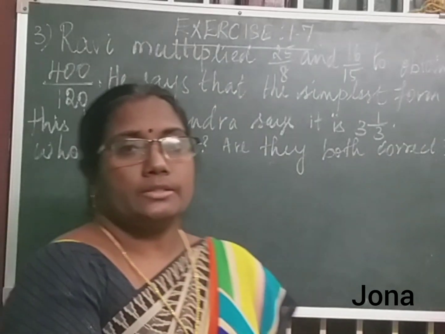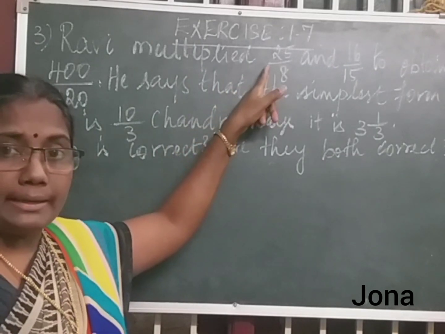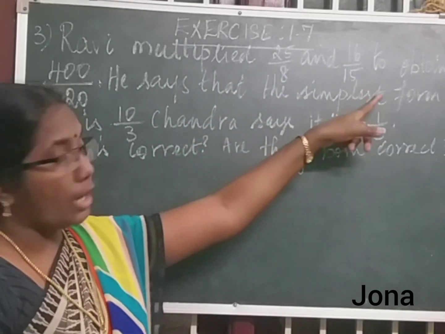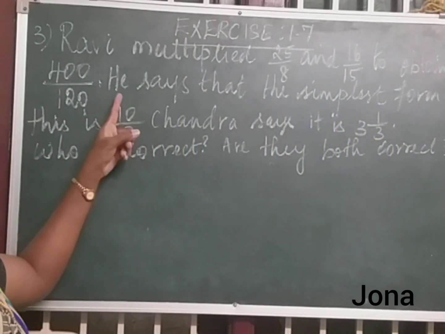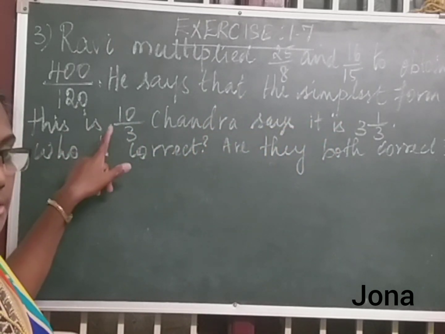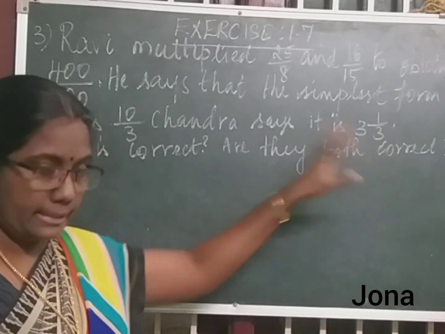Third problem. Ravi multiplied 25/8 by 16/15 to obtain 400/120. He says that the simplest form of this is 10/3. Chandra says it is 3 1/3.